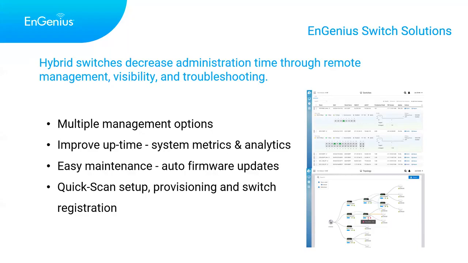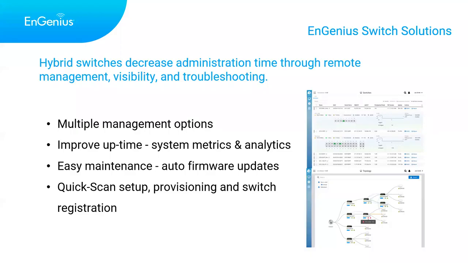To onboard these switches into a cloud scenario, you can quickly scan the QR code on the bottom of the device, or you can use the serial number. You can do provisioning and switch registration all through the cloud or through a friendly mobile app that we have available. And I'll actually show you what that looks like within the cloud system.